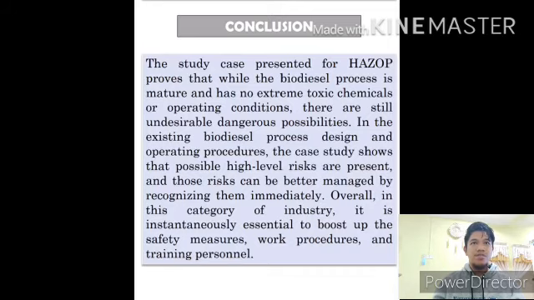The case study shows that possible high-level risks are present, and those risks can be better managed by recognizing them immediately. Overall, in this category of industry, it is essential to boost safety measures, work procedures, and training of personnel. That's all for the conclusion.